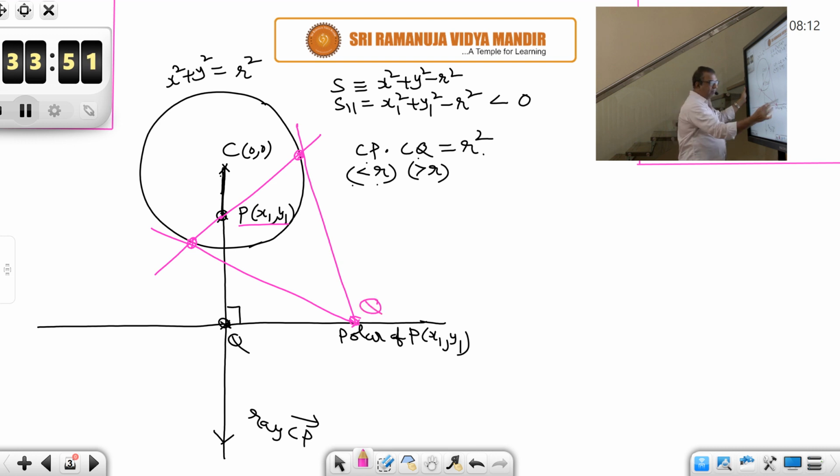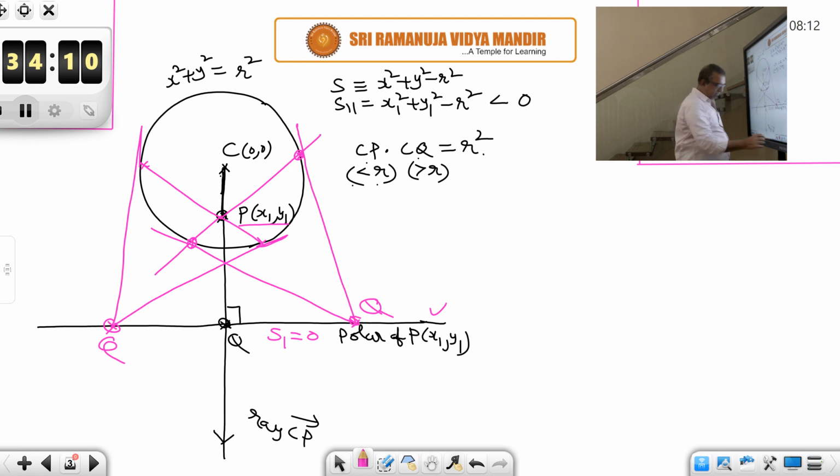So the locus of Q is this line only. This is what happens. You take another line through P. At the end points of this chord, you draw 2 tangents. They will intersect exactly on this line only. So the locus of Q is this line, that is S1 equal to 0. Understood? So I'll remove these colored lines now.